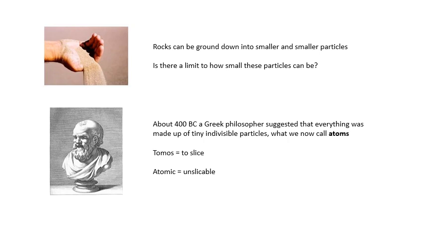They were fundamental, indivisible. Now, the Greek word for to slice is tomos, and so if you can't slice it, then it is atomic, and that's where we get the word atoms from. So these tiny, indivisible particles called atoms, thanks to Democritus.